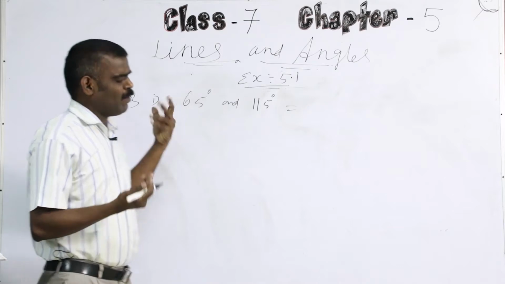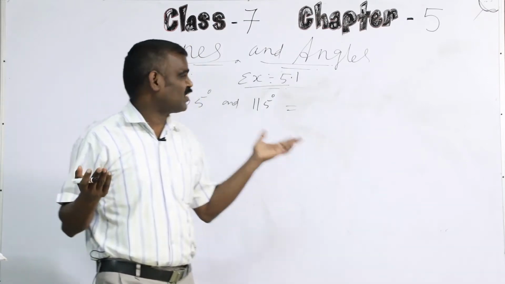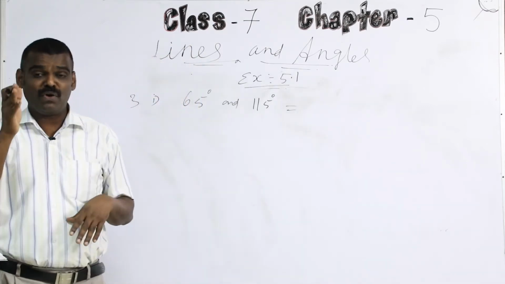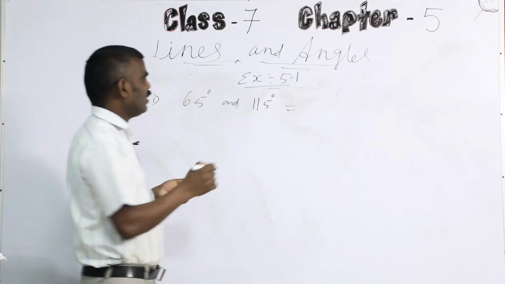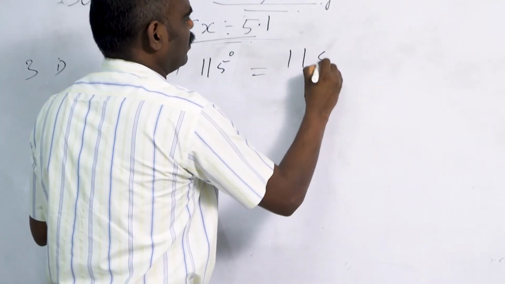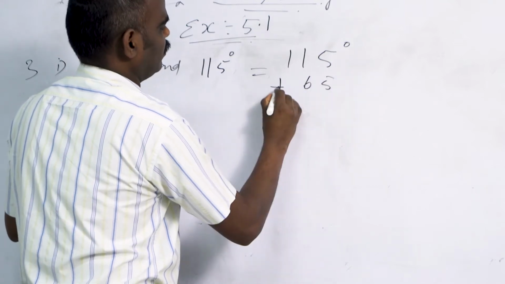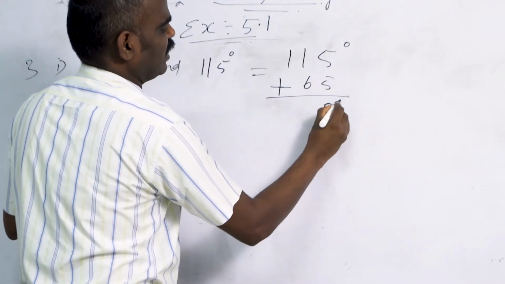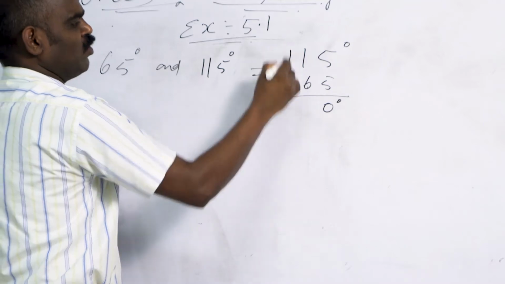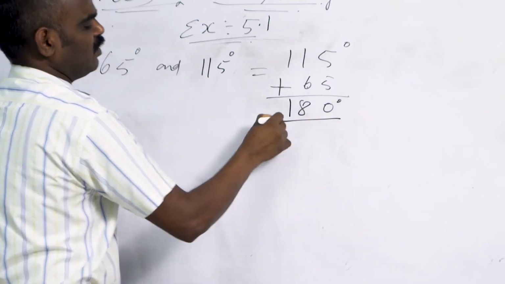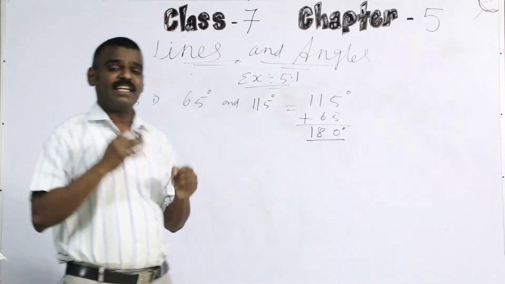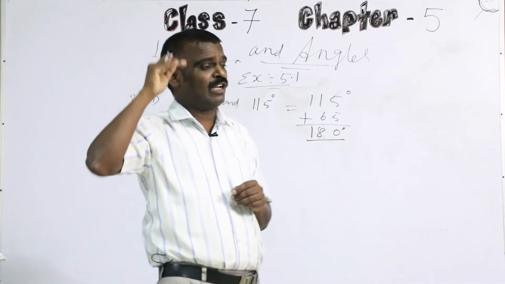Okay? Now complementary means what? We do not know whether it is complementary or supplementary, but we know what is complementary and what is supplementary, right? Better you add together: 115 plus 65. 5 plus 5, 10, 1 remainder, 7, 7 plus 1, 8, 180 degrees. 180 degrees, can you tell me the answer now?